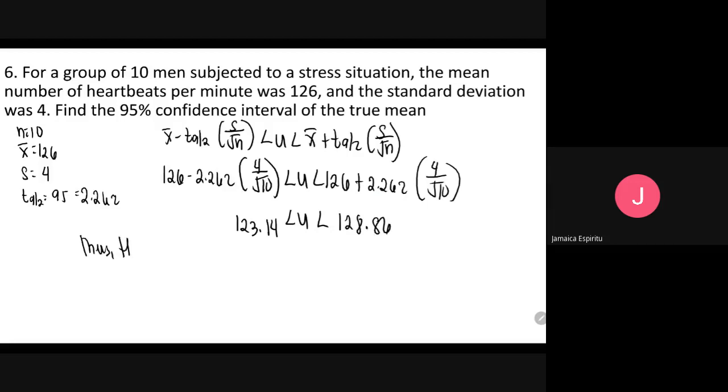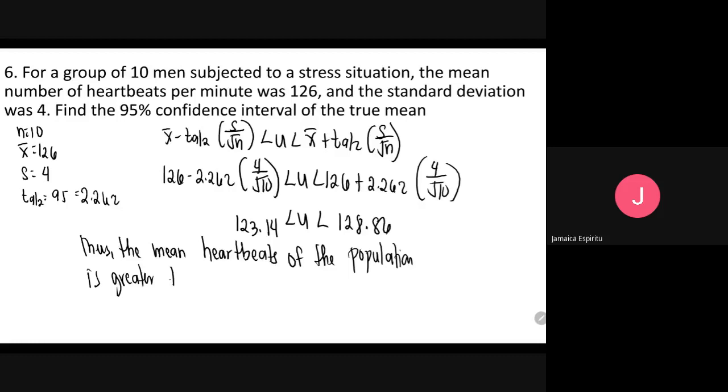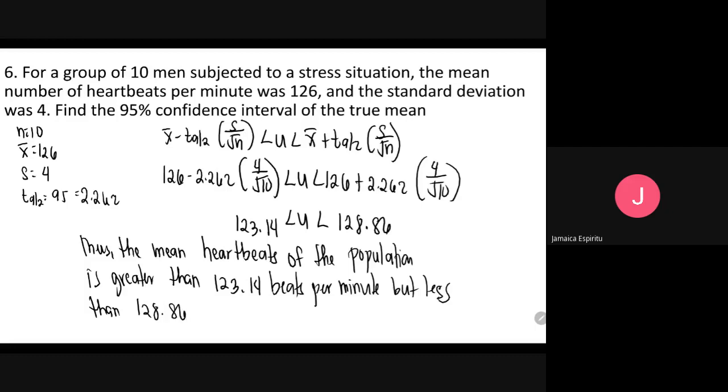So thus the mean heartbeat of the population is greater than 123.14 beats per minute but less than 128.86 beats per minute. Okay?